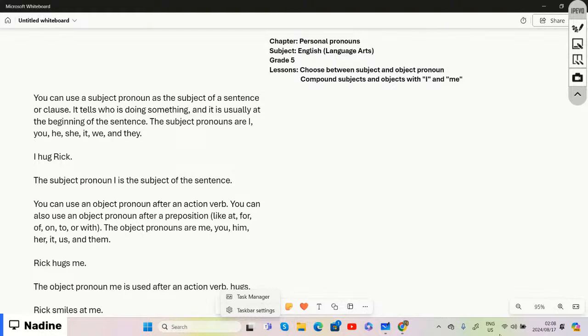If we look at an example of a subject pronoun, you can say, I hug Rick.